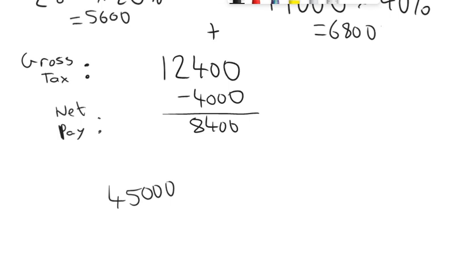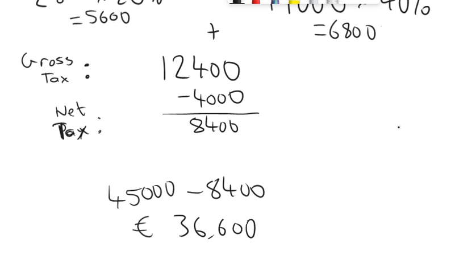Sorry, that should have been net tax there. Take away 8,400, and you should get 36,600, and that's your net pay then. That's what you get to take home.